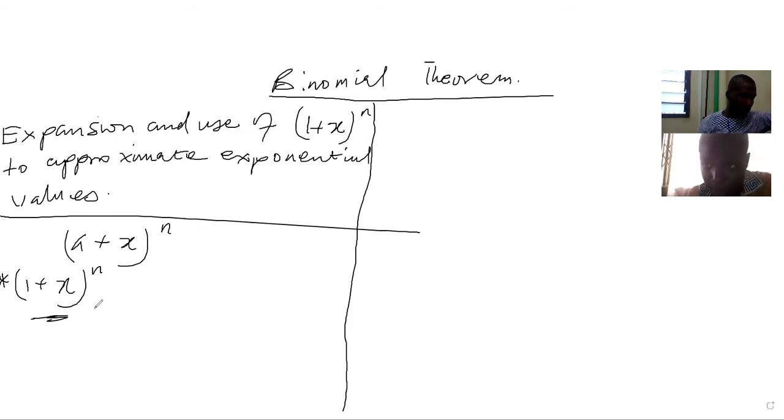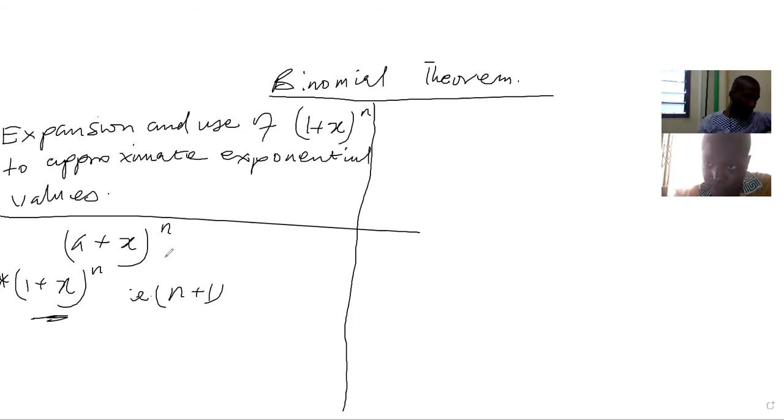Please let me read that again. When n is a positive integer, the expansion of 1 plus x exponent n has a finite number of terms, i.e. n plus 1 terms. Are you there? Yes, sir.